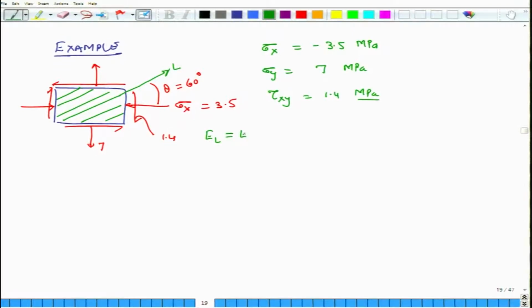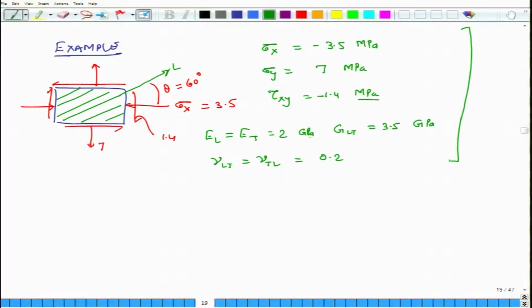EL is equal to ET and GLT is 3.5, all in GPa. So, tau xy is negative here, and the Poisson's ratio nu LT is same as nu TL. So, looks like this is a balanced lamina and this is equal to 0.2.